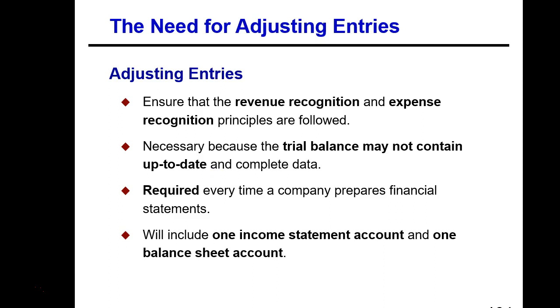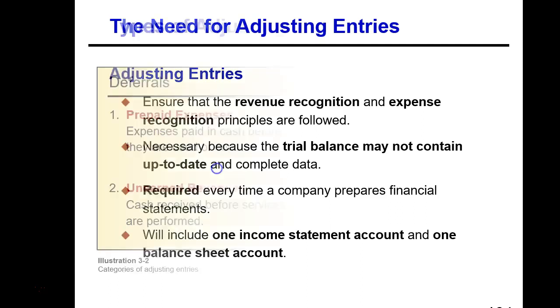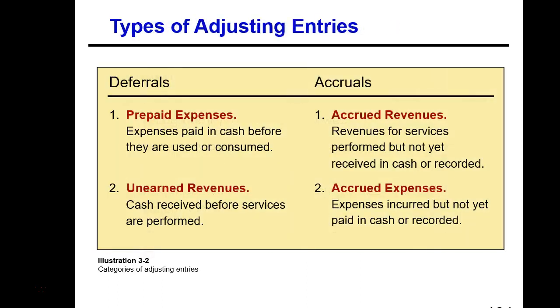Remember we said before, when you're making adjusting entries, it's going to impact at least one account from the income statement and at least one account from the balance sheet. We're going to focus today on what's called deferral adjusting entries: prepaid expenses and unearned revenue.